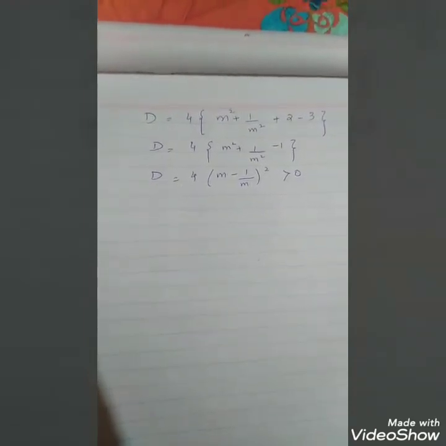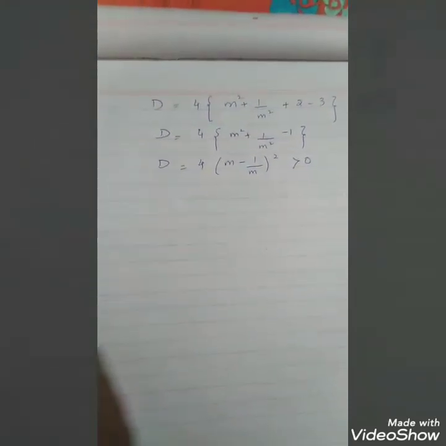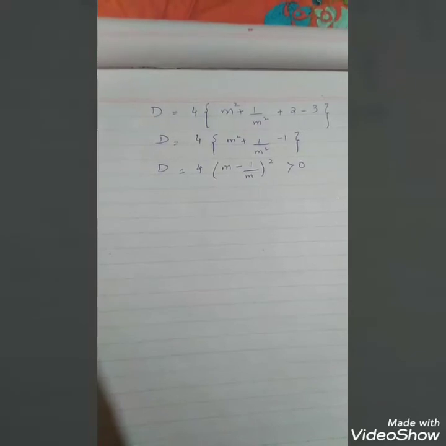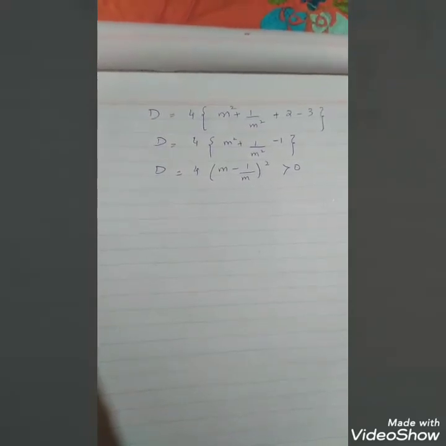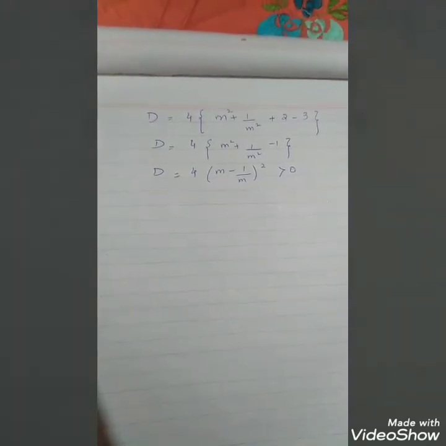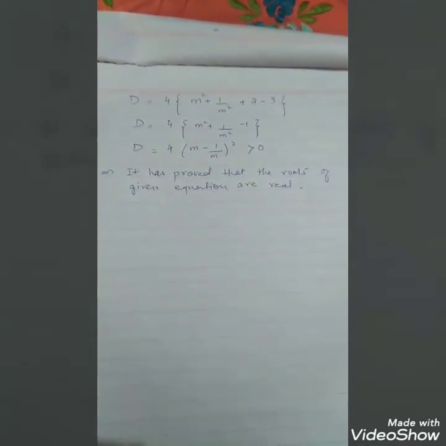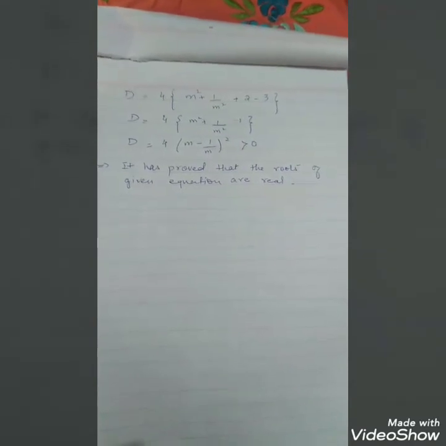So we have proved that d is greater than 0, and as we have discussed earlier, when d is greater than 0, the roots of the quadratic equation are real and unequal. So the requirement of the question is fulfilled, which we had to prove.